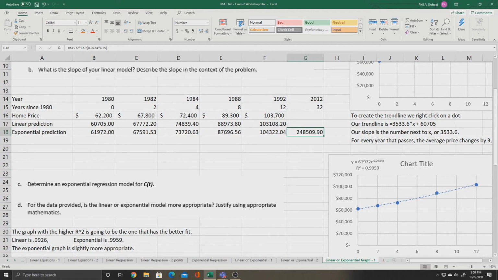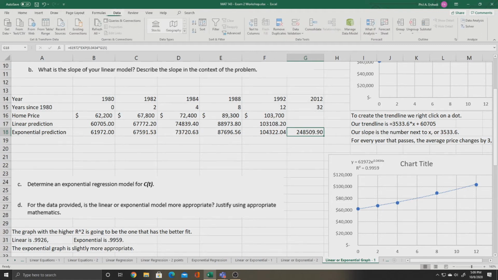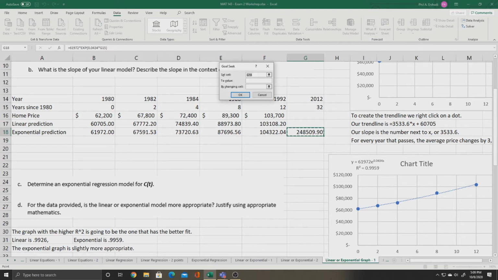We are going to go to Data, What-If, Goal Seek. We want a value of 500,000. And we're going to do that by changing the X value located here in the second row.